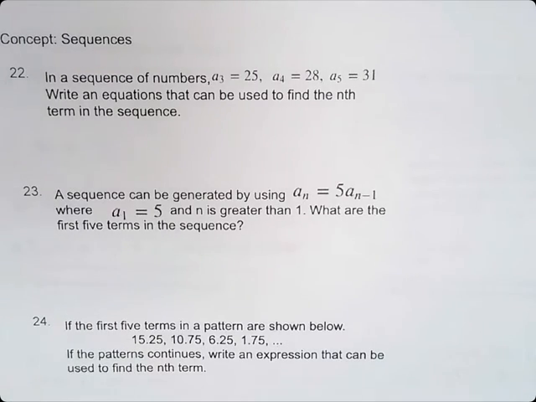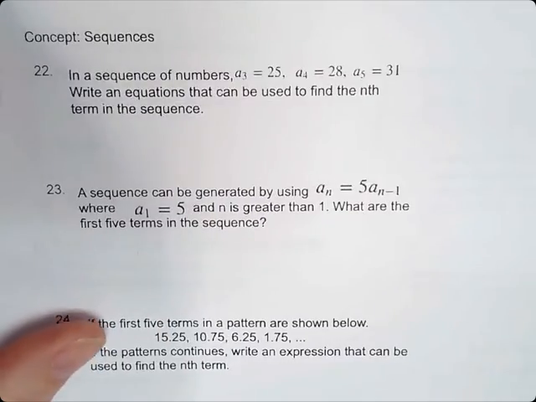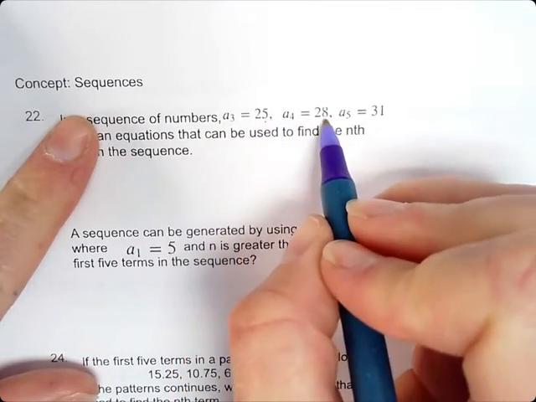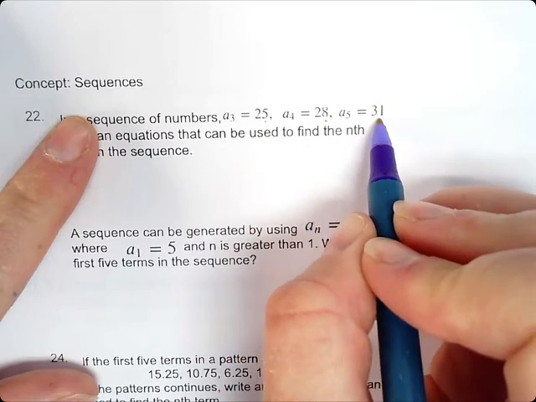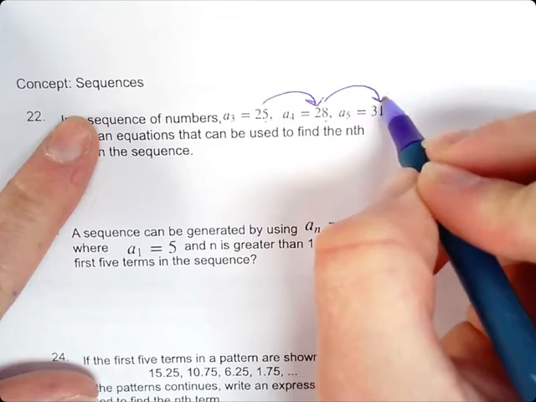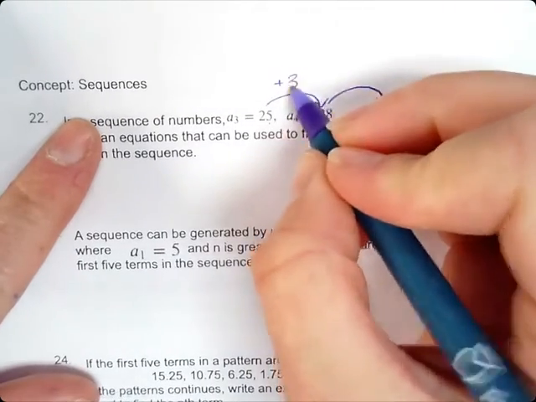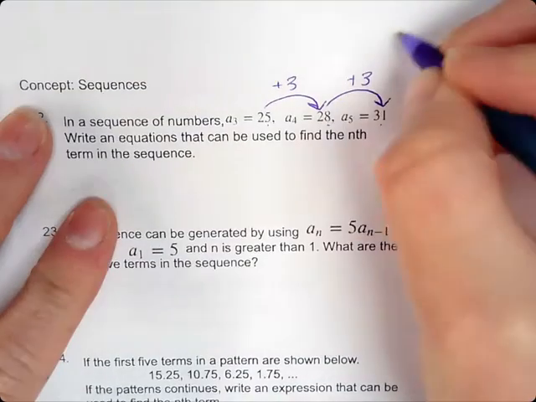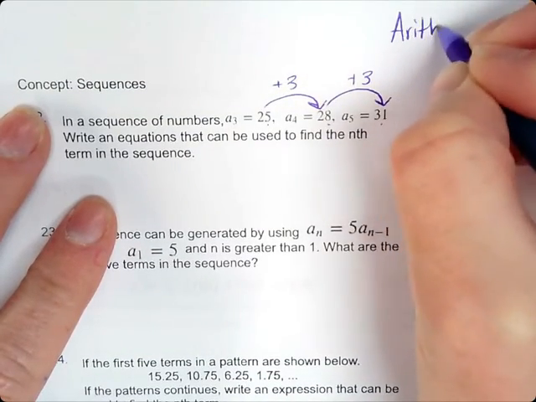So we need to look at what kind of sequence it is. So it's saying that the third term is 25, fourth term 28, fifth term 31. What is the sequence going from one to the next? Plus 3. So this is an arithmetic sequence.